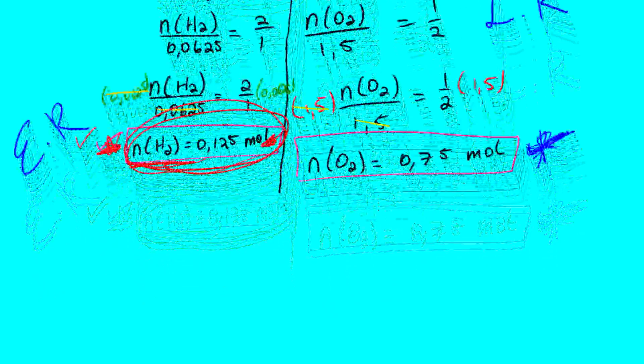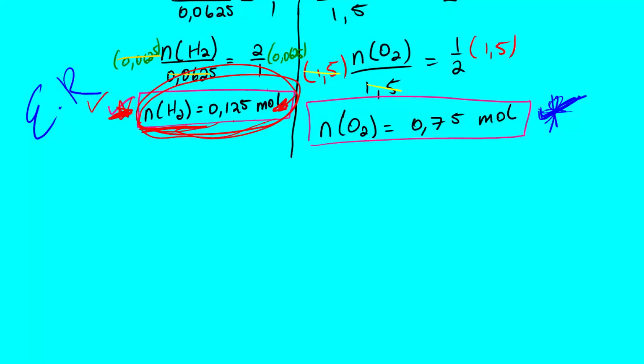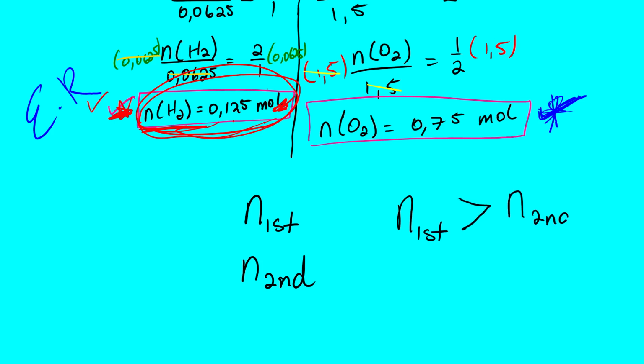We can come up with a sort of an equation. Remember the first number of moles and the second number of moles. Okay, so we say if the first number of moles is greater than the second number of moles, so we are talking about these numbers, then it means this one is the excess reagent.